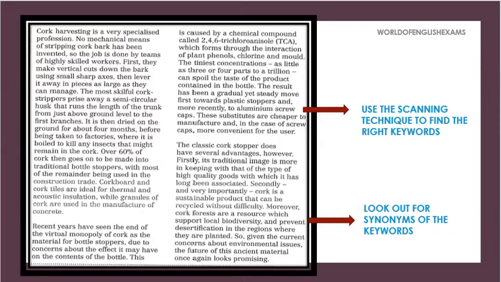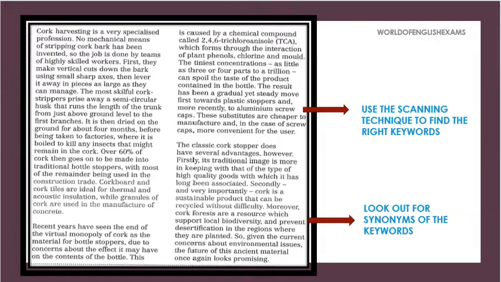Now let's read this sentence. The tiniest concentrations, as little as 3 or 4 parts to a trillion, can spoil the taste of the product contained in the bottle. The result has been a gradual yet steady move towards plastic stoppers and more recently to aluminium screw caps.